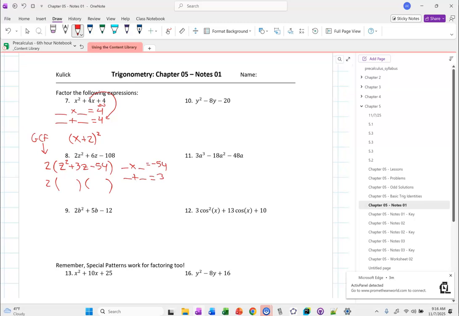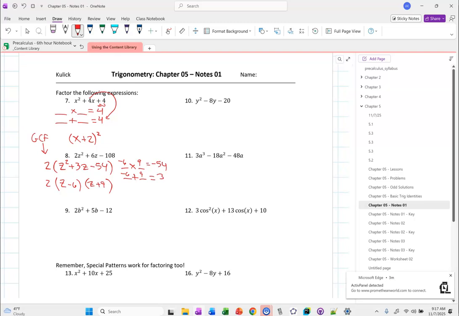What are the two numbers? Negative 6 and positive 9. -6 and +9 is correct. Does it matter the order that I write z minus 6 and z plus 9? No, it does not.